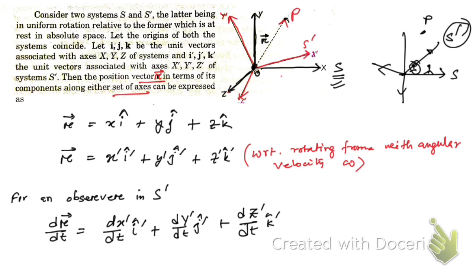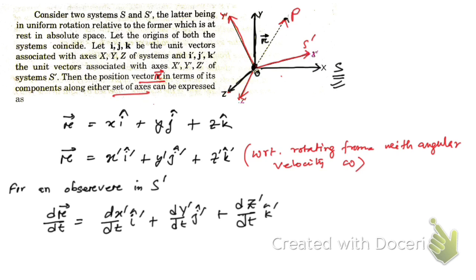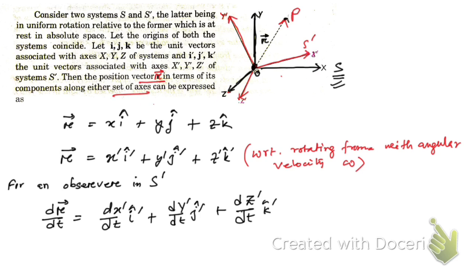So here what we're going to have for an observer, just give me a second, let me rearrange these things so that I can have enough space to write here, okay.